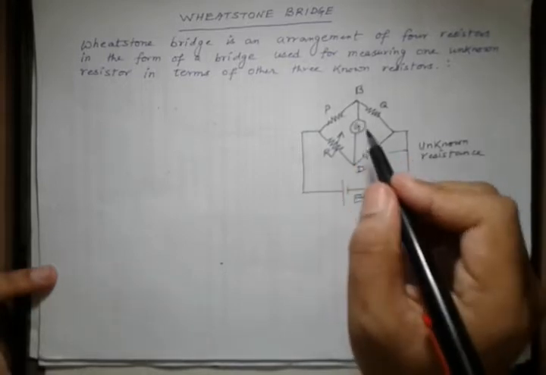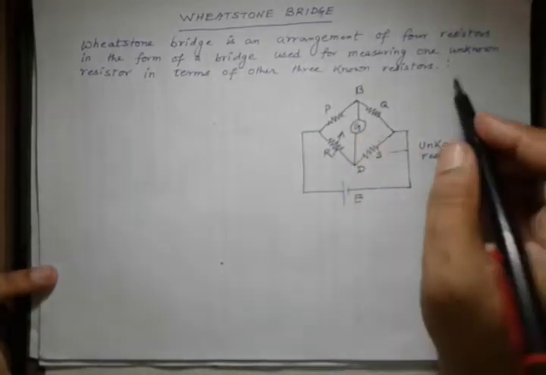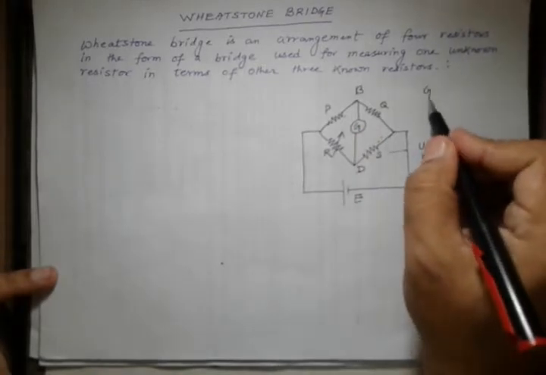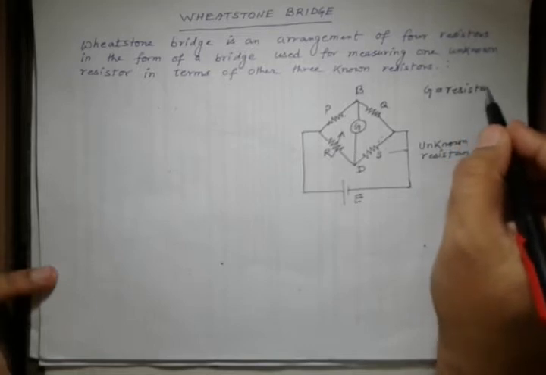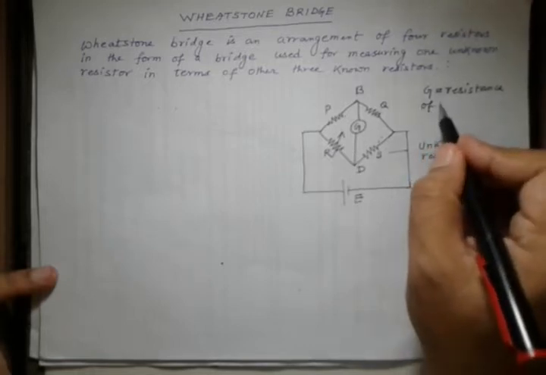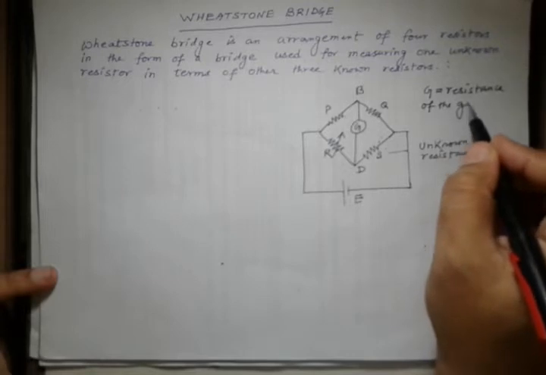G is the galvanometer, and G is also the resistance of the galvanometer.